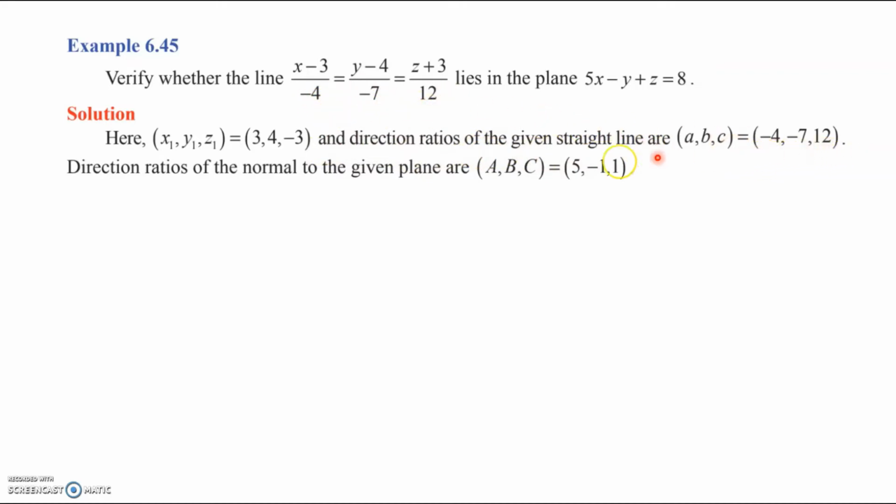So, you have it here, and the direction ratios of the normal to the given plane are given by capital A, B, C, that will be coefficients of x, y and z, which is 5, minus 1 and 1.